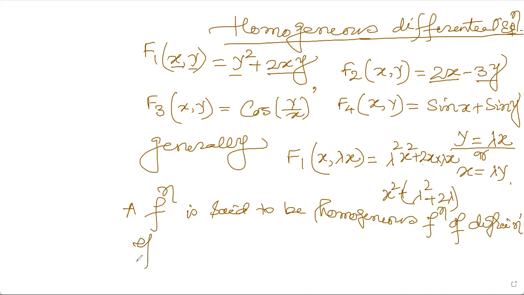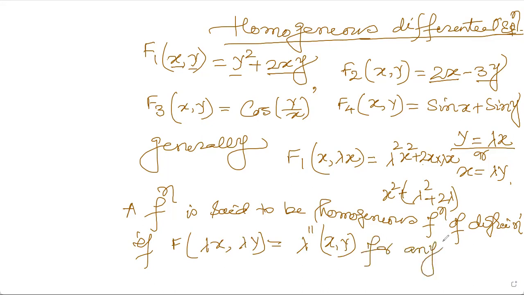if f of lambda x, lambda y is equal to lambda to the power n times f of x and y, for any non-zero constant lambda, for lambda not equal to 0, where lambda is a constant.